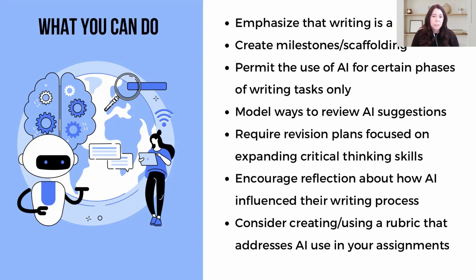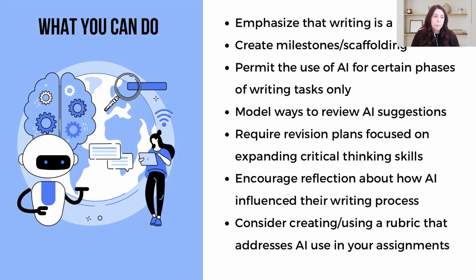I think it will also be crucial for educators and instructors to model ways to review AI suggestions. I think AI is amazing, but one of the dangers is that it is very confident in its output. And if you're a novice in a field, this can be a little bit overwhelming to think about how to critique that. So that's really something that you all can demonstrate for your students: how to dissect that and show where it is overconfident, but actually perhaps wrong.